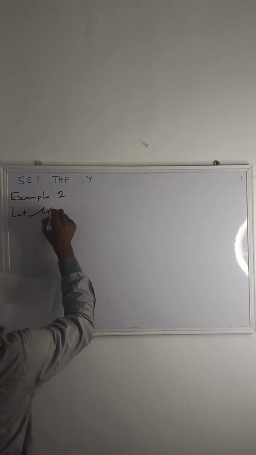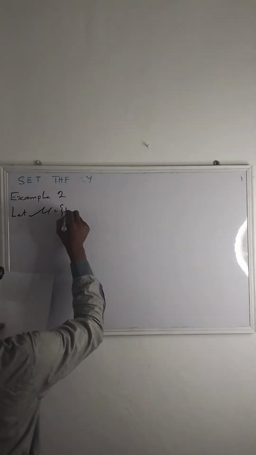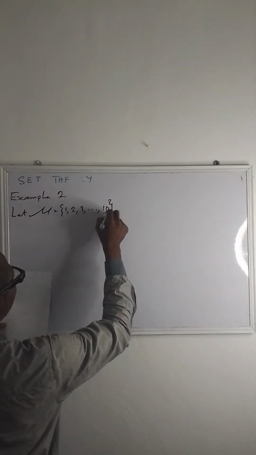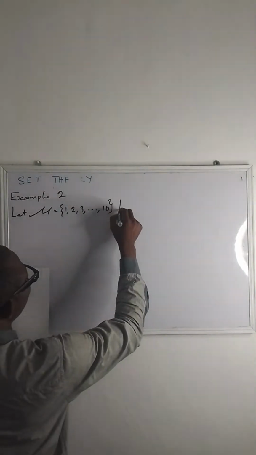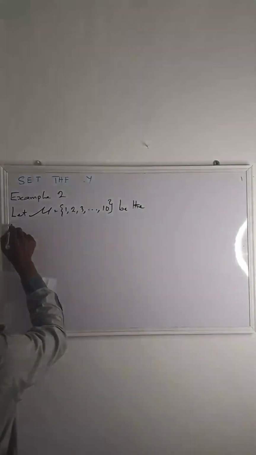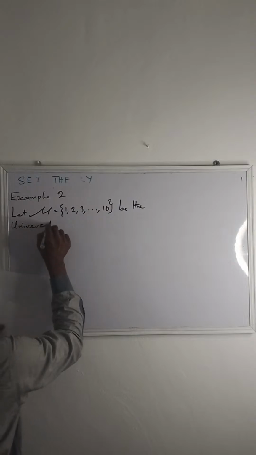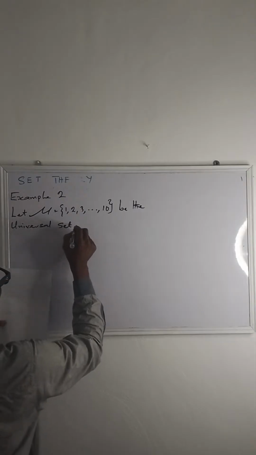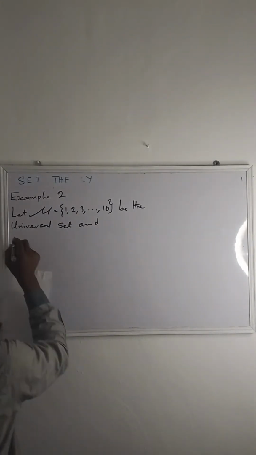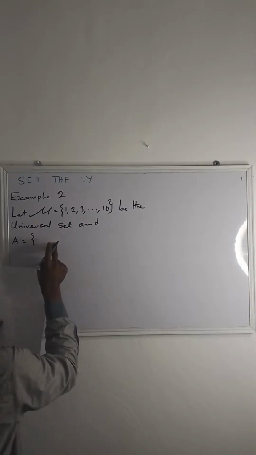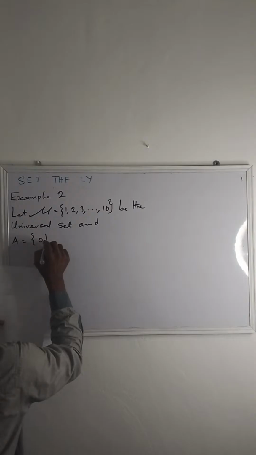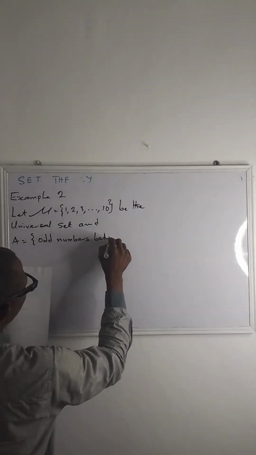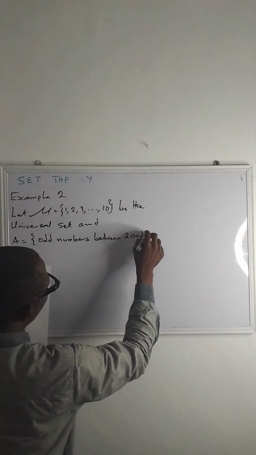Let U be the set of 1, 2, 3 down until we get to 10, the universal set, and A be the set of odd numbers between 2 and 8.